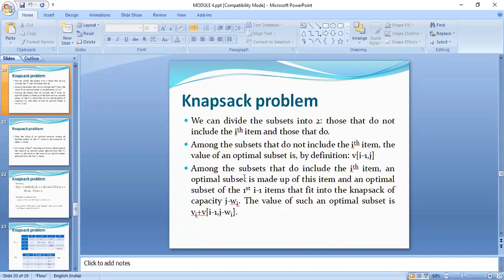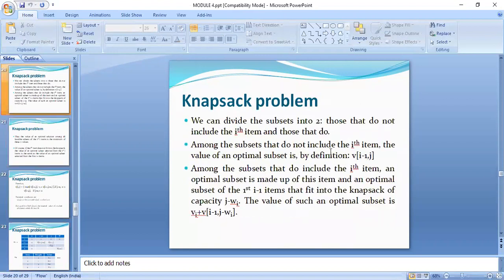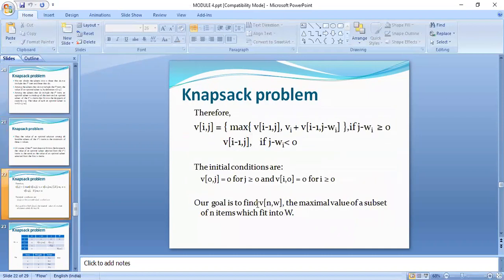If the item is not included in the subset, for example, if you want to find V of 4 comma 3, we will just depend upon the previous one, that is V of 3 comma 3. Now, the other subset says that the item can be included. If the ith item is going to be included in the set, we need to find out the remaining capacity.